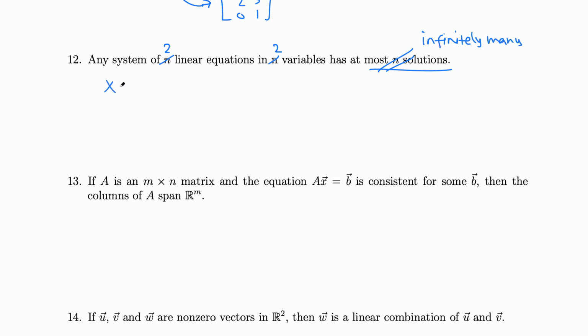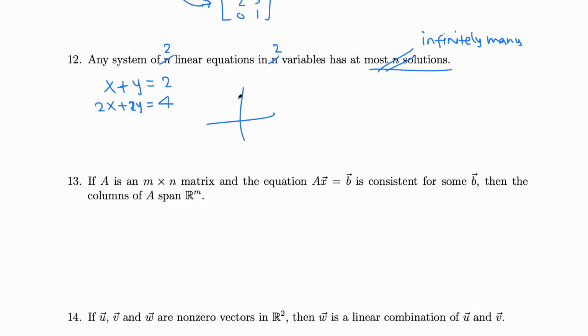So let's say x plus y is 2 and 2x plus 2y equals, I'm just writing the same line. In fact, x plus y is 2, multiply by 2, we get 2x plus 2y equals 4. They are the same, so if we graph, we get the same line.